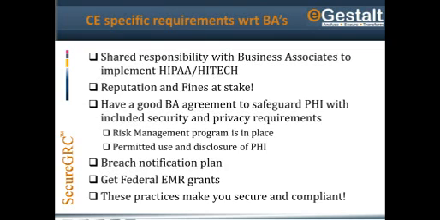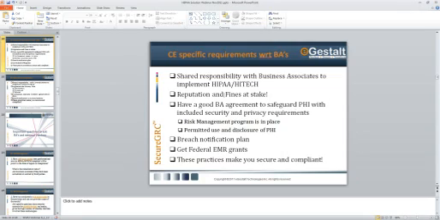Okay, thanks, Anupam. How does SecureGRC help alleviate the risks? Yeah, so as I said earlier, the way SecureGRC alleviates the risk is that we have a comprehensive compliance management solution. We have taken HIPAA HITECH requirements and built a questionnaire that's comprehensive and deals with all the requirements of HIPAA HITECH.